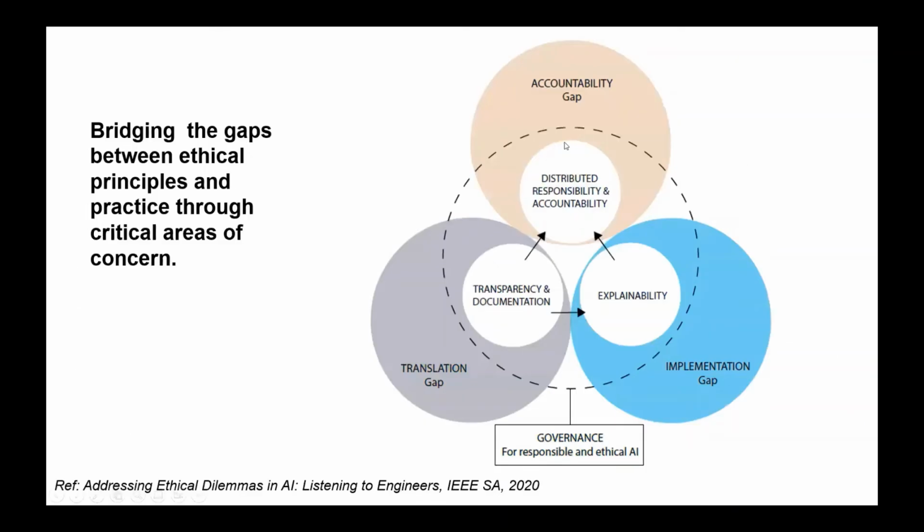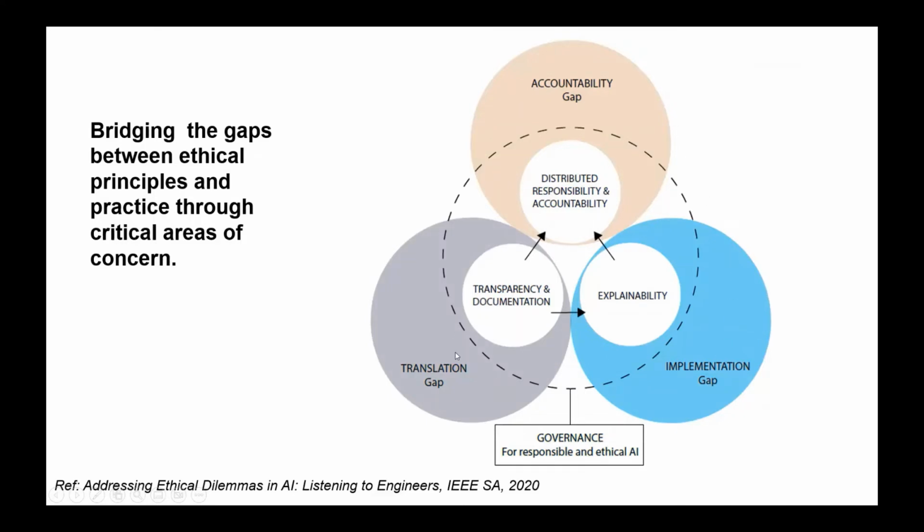So next, bridging the gap between ethical principles and practice. We have seen that ethical AI requires explainability and interpretability, and in practice, through critical areas: accountability, the translatability gap, and the implementation gap.